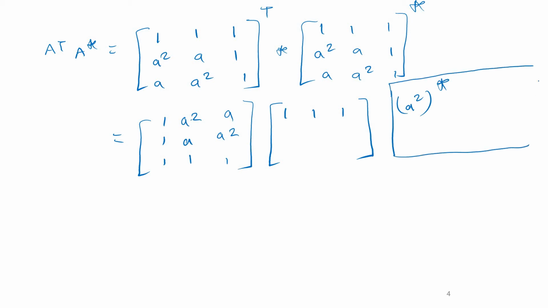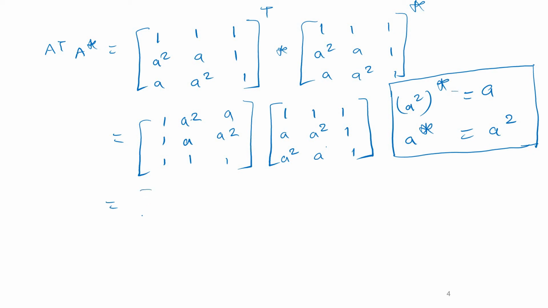There I have also mentioned that a square conjugate gives you the value a, and a conjugate gives us the value a square. So now a conjugate is a square, a square conjugate is a, and 1 is 1.